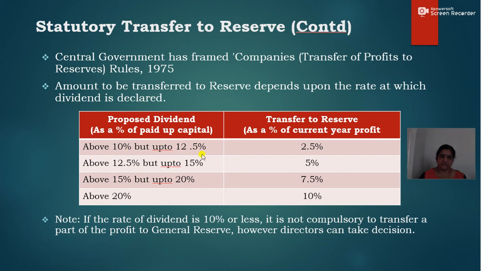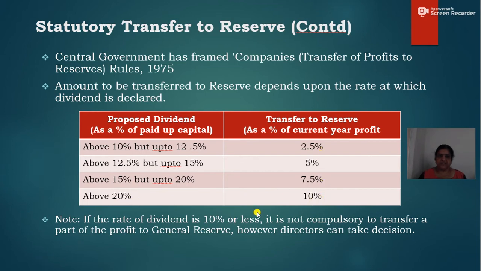Above 10% but up to 12.5%, 2.5%; above 12.5% but up to 15%, 5%; above 15% but up to 20%, 7.5%; and above 20%, it is 10%.